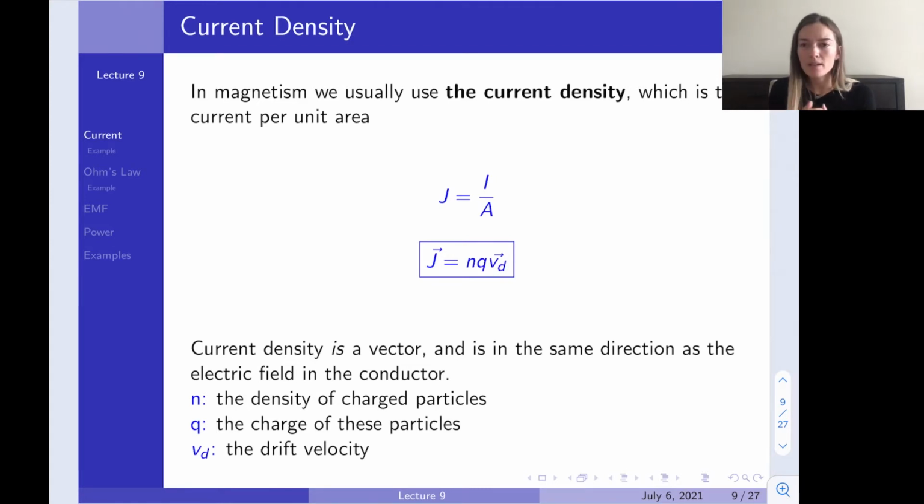But typically, your current density is always in the same direction as your current, so you don't really have to worry about the vector nature of it that much at this point, since it's always going to be evident what direction it's in. It's not really going to matter too much for our course. But that's just an important thing to keep in mind. Current density is a vector, current is not. We're always going to have the current density in the same direction as the current in this class. We'll be doing some examples with this in our next two lectures.